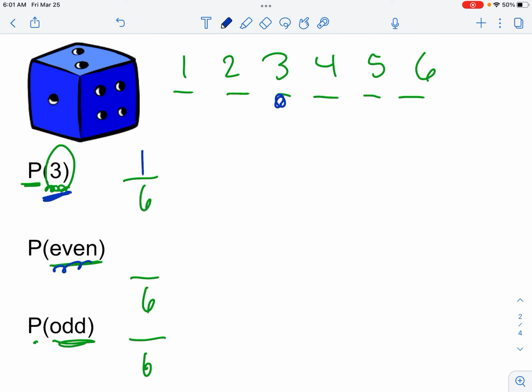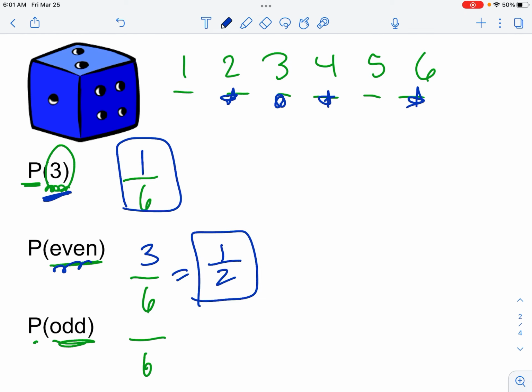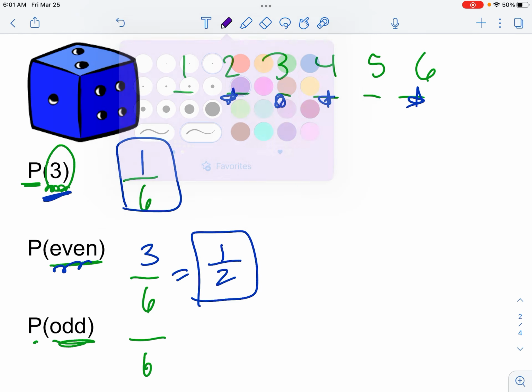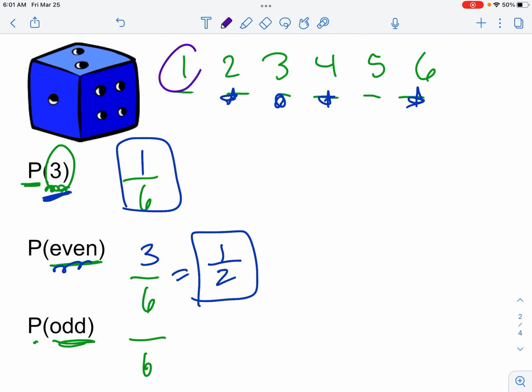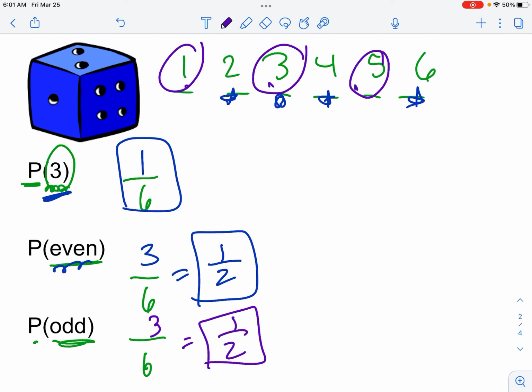Probability of evens, I would look and see how many even numbers there are. So even numbers would be 2, 4, and 6. So I'd say 3 over 6. And if you can reduce, you should. So you'd get 1 over 2. And then odd numbers, my odd numbers would be 1, 3, and 5. So again, I have 1, 2, 3 of them. So 3 out of 6, which again would give me 1 half.